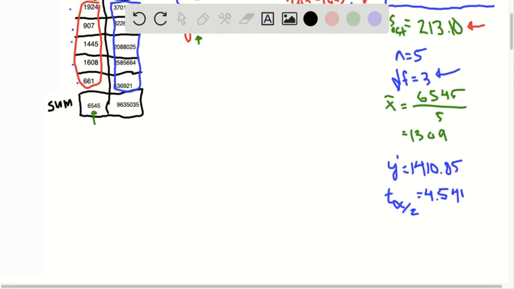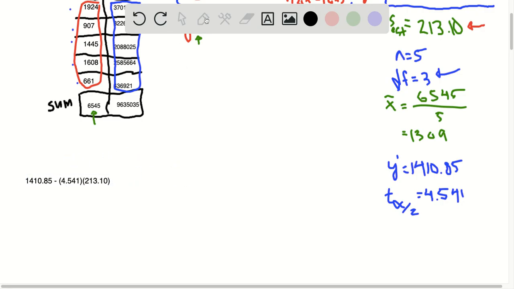So let's start with the left endpoint, and I'll type it out as much as I can so it's easier for you to read. We know that we want our y prime value, 1,410.85, minus our t value, which is 4.541, multiplied by our standard error of the estimate, which is 213.10. And let me drag that over, enlarge it a little bit.